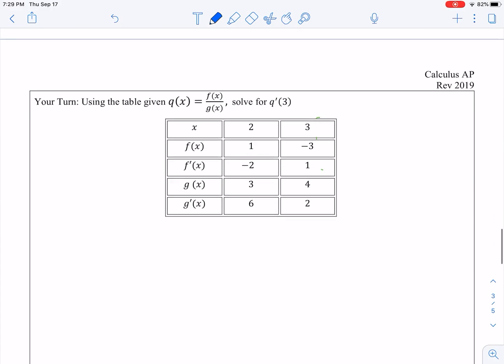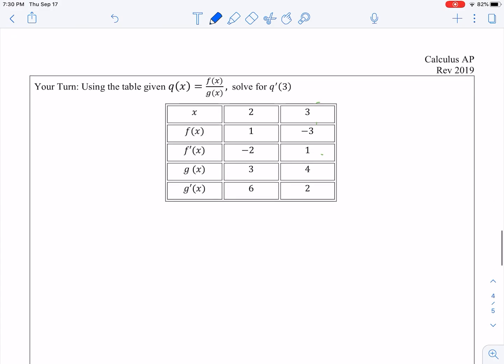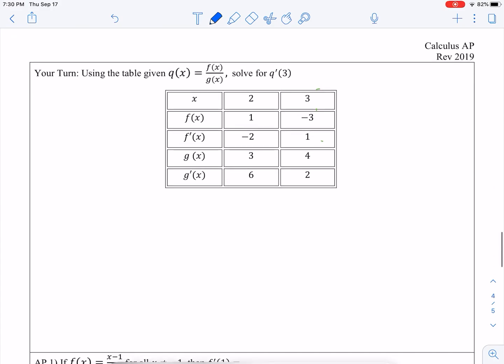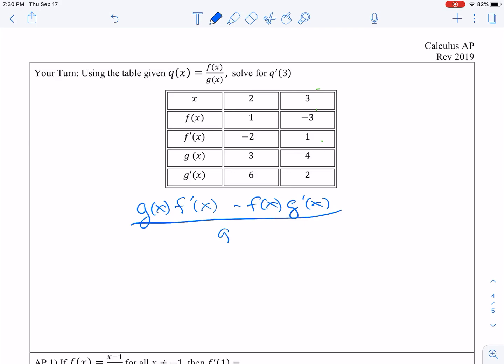Okay, here's one more, asking us to find the quotient rule. Write it out. Low, D high, minus high, D low, over low squared. Fill them in. G of 3 is 4.